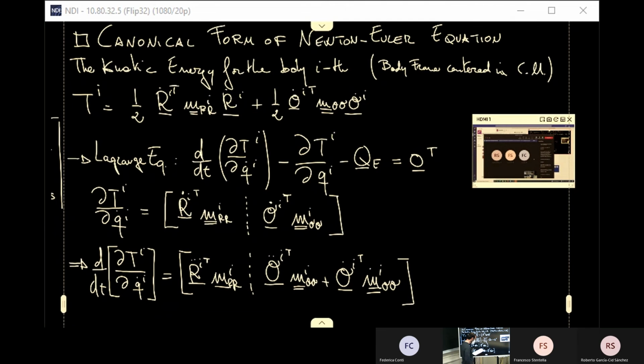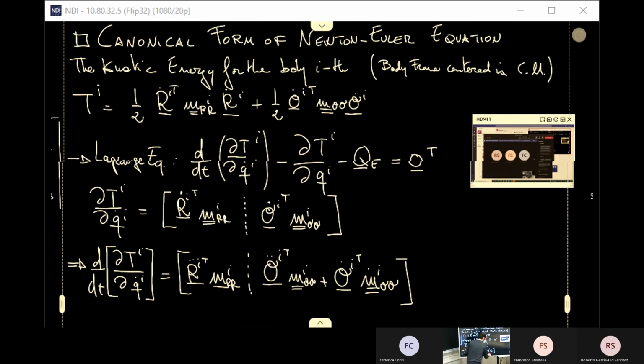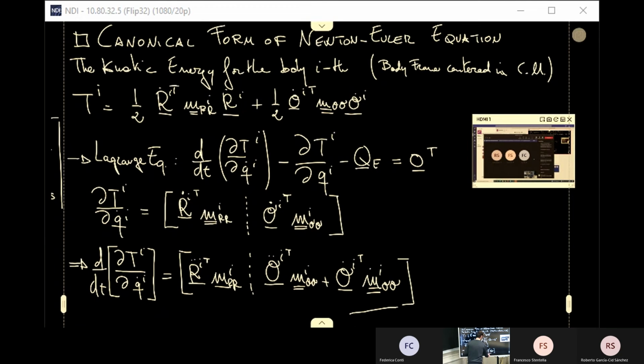Now let's rewrite this part in a more favorable way. Theta dot i transposed M_theta theta theta dot i, which is the second term that we have written before, can be written as follows.